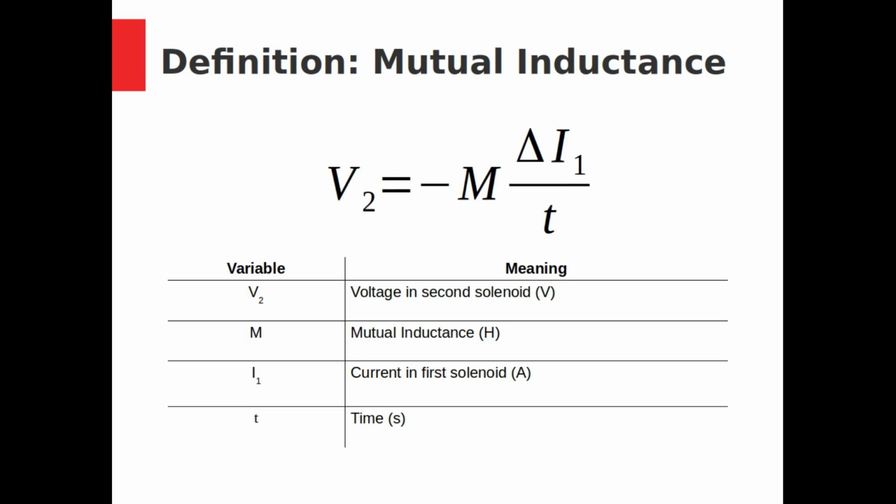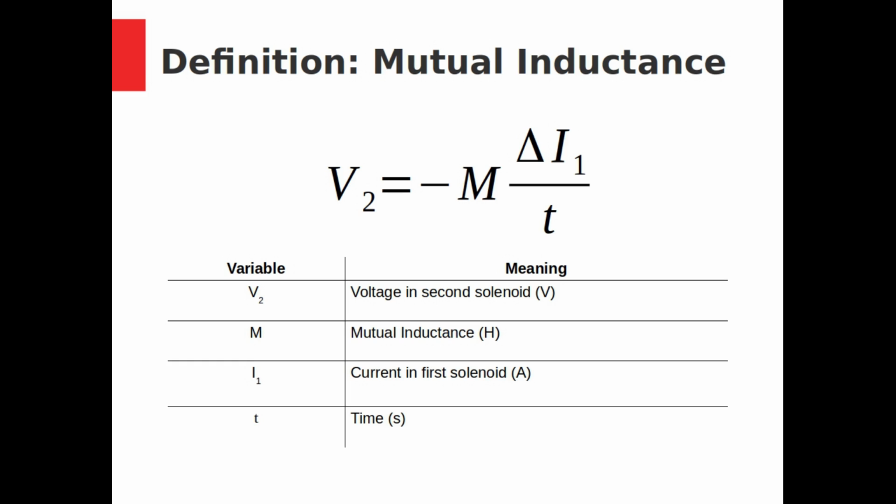We can summarize this process with this equation. The voltage that develops in the second circuit is equal to -M times the rate of change of the current in the first circuit. I won't go through the whole derivation, but basically this says that a changing current in the left circuit has induced a voltage in the right circuit.